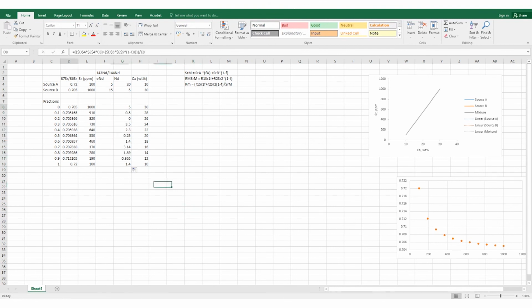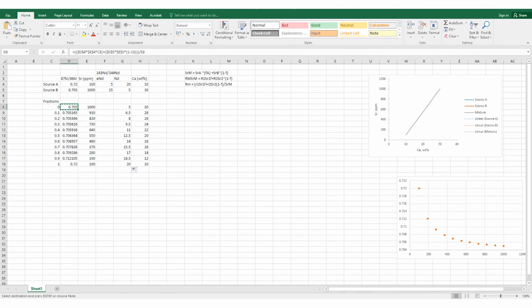If you do the same thing for neodymium, I am sorry, there is a mistake here. I need to fix the source composition, because with fractions they are not going to change. I will just fix it so that the calculation becomes correct. So, now it is correct.